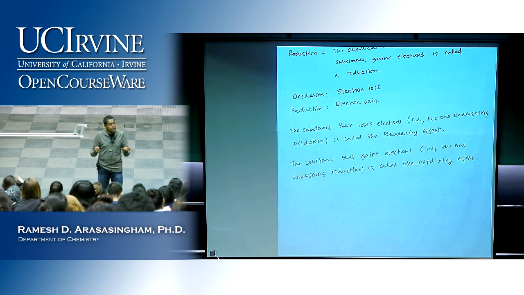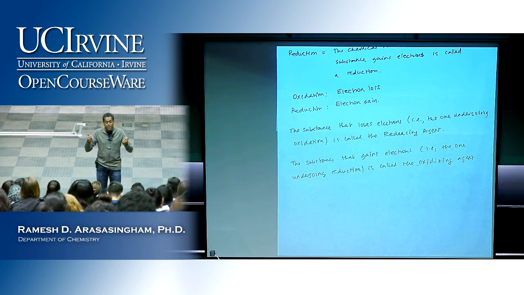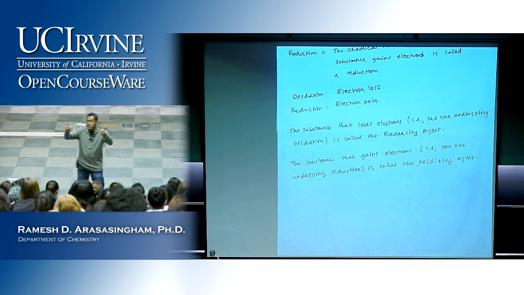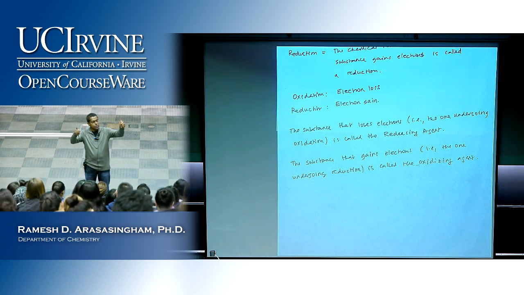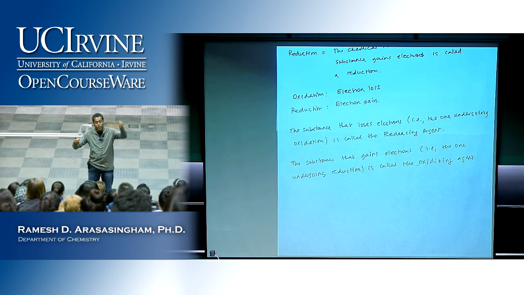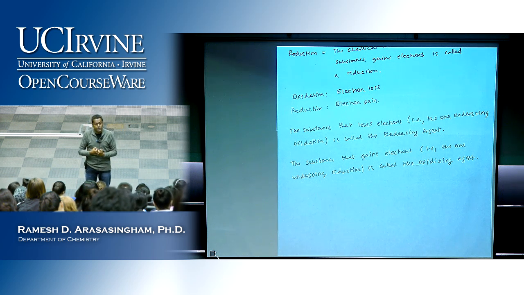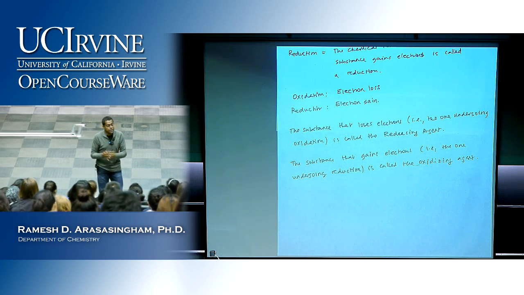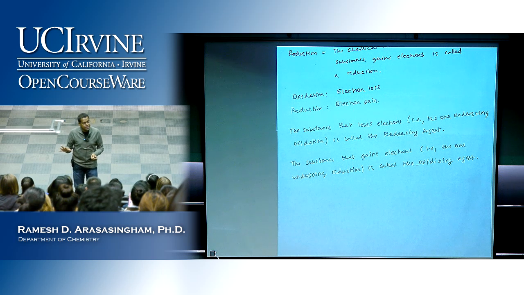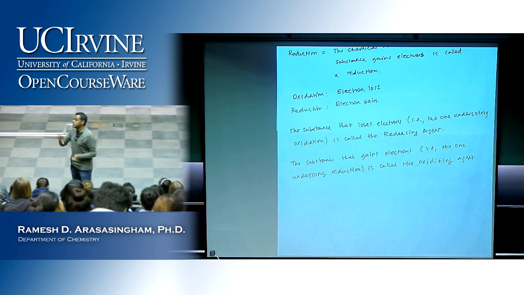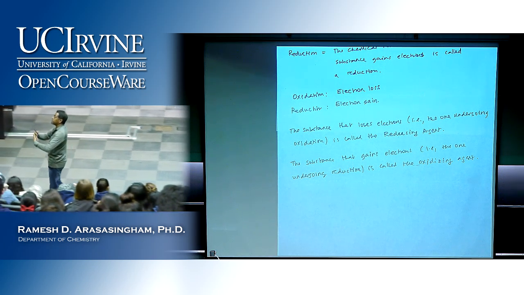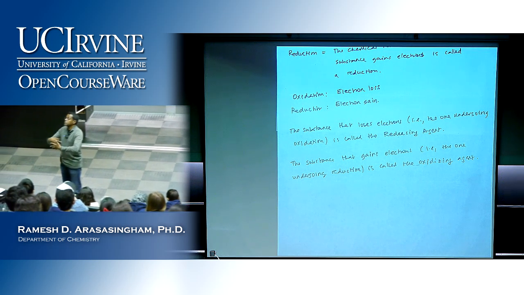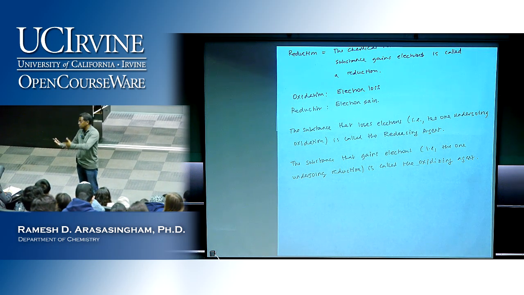Now the problem is, with acid-base reactions, it's easy to look at the formulas and say, oh, this is missing one proton. This has picked up a proton. So you can look at it and say, oh, this is the acid, this is the base. Unfortunately, with oxidation-reduction reactions, when we write balanced equations, do you have electrons there? No. So when you see oxidation-reduction reactions, it's not directly apparent whether electrons are being transferred, whether one substance is losing electrons and another substance is picking up electrons.